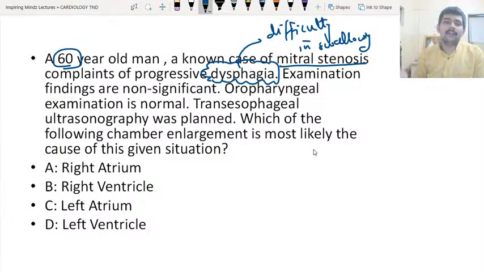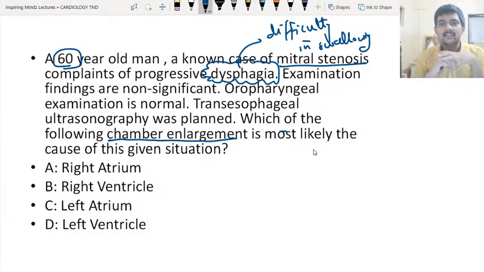That's the only motto the examiner has most of the times, to engage you and waste your time, and then you become anxious. We don't really want that. So we simply jump to the question that asks which chamber enlargement is related to this.